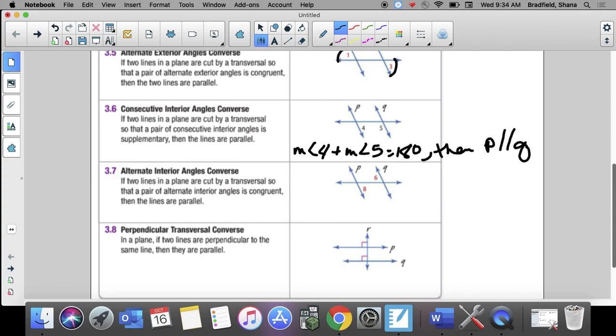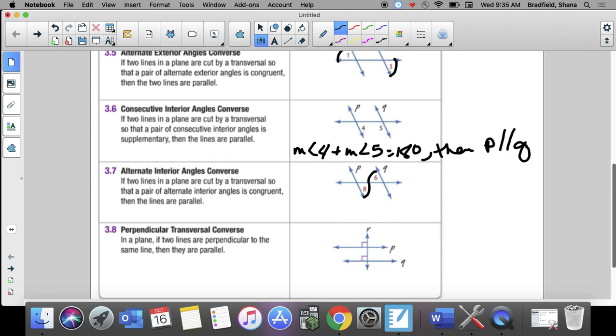3-7, we have alternate interior angles converse, and that says if two lines in a plane are cut by a transversal so that our alternate interior angles are congruent, so 8 and 6 are congruent, then P and Q are parallel. And the last one is a little bit different. This is the perpendicular transversal converse.